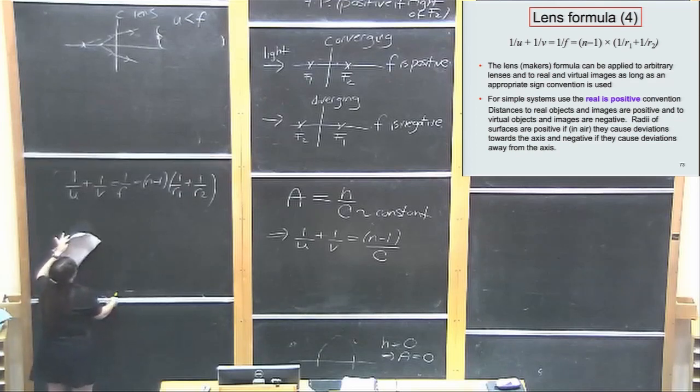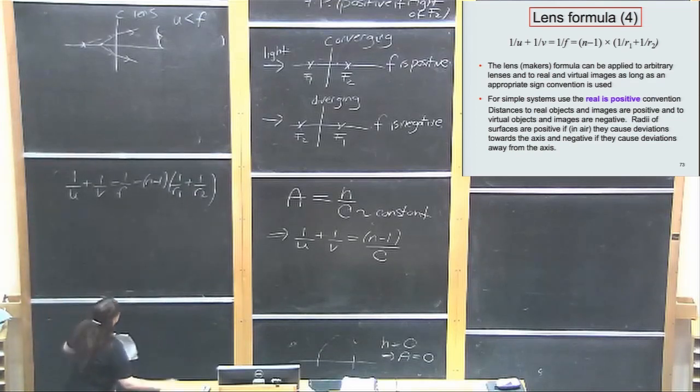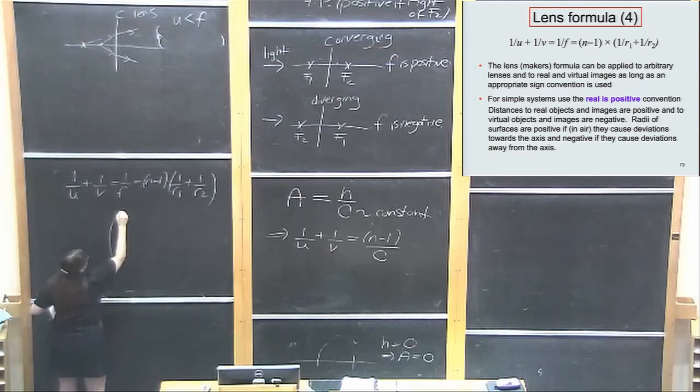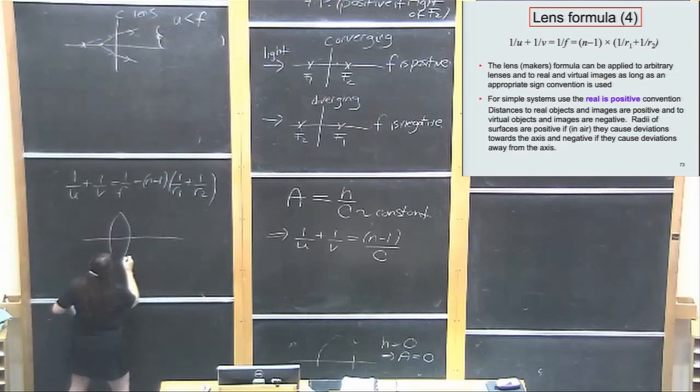So what the sign convention for the radii of curvature means is, hang on, let me just draw it on first. So that's one was R1, one was R2, wasn't it? I can't remember which way I did it. Probably that way.